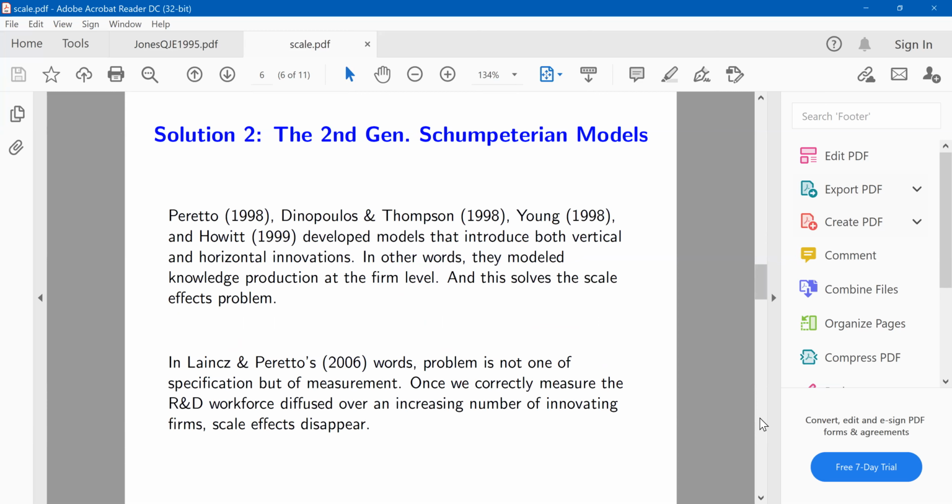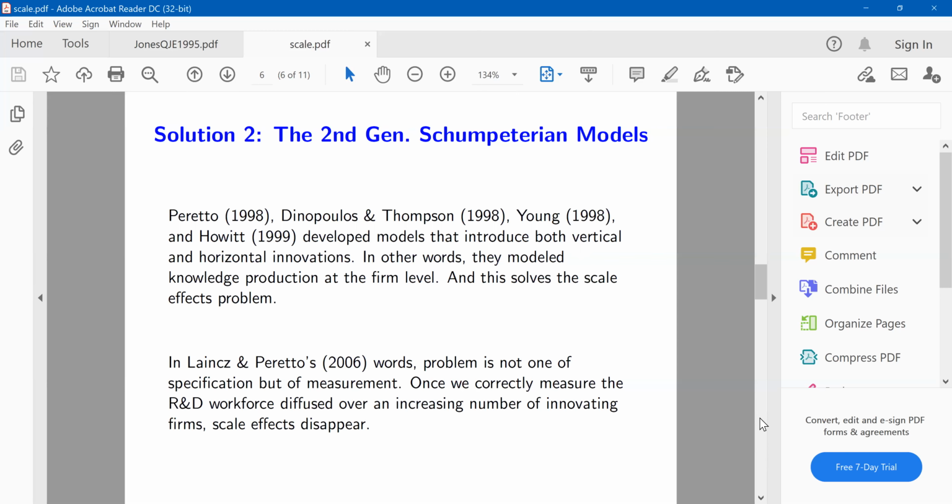Now the second solution is the set of models where we sterilize the scale effect without changing the policy perspective.